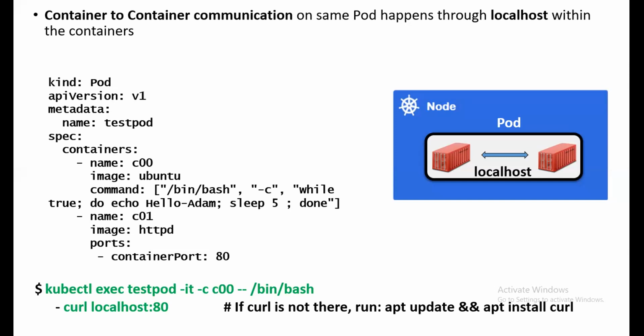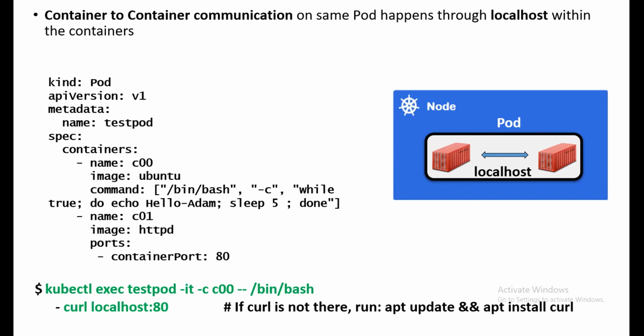However, a pod might sometimes have more than one container. Suppose you want communication between one container and another container within the same pod, then you should usually use localhost. So remember that: within the pod you can have more than one container, but when they have to communicate with each other, you can simply say localhost.